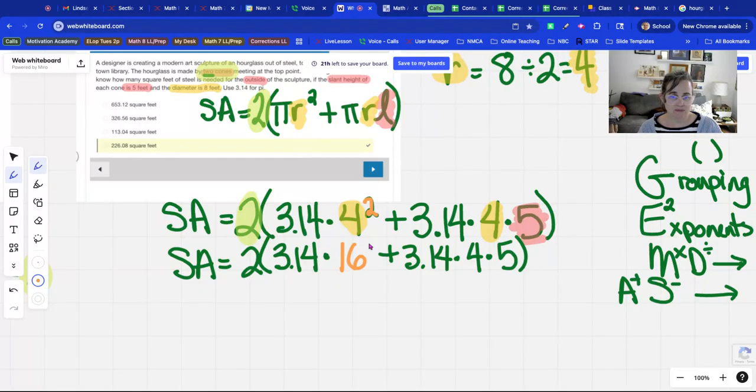Okay, so I'm still kind of working inside the grouping symbol, and the next thing I'm going to do is multiply. Okay, 3.14 times 16 is 50.24.